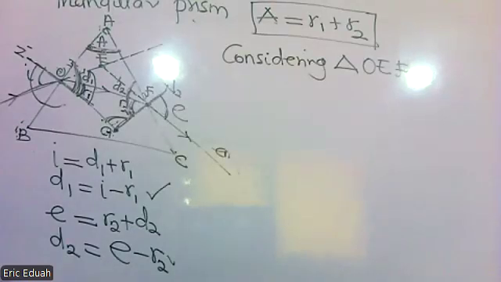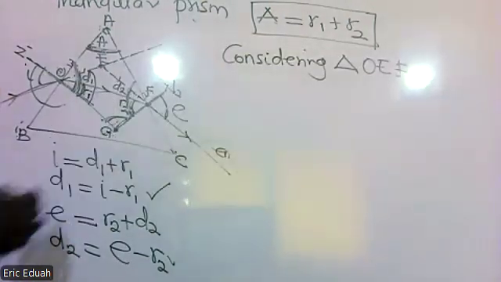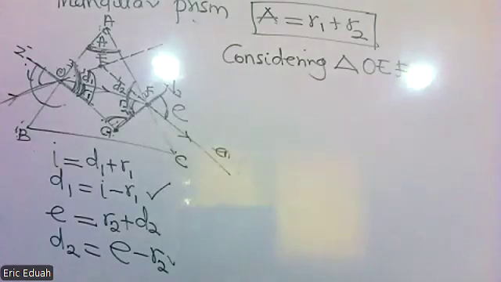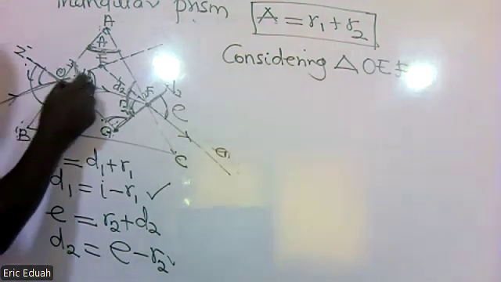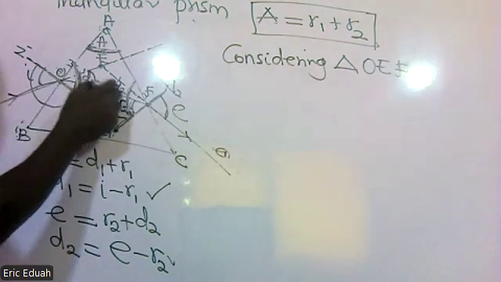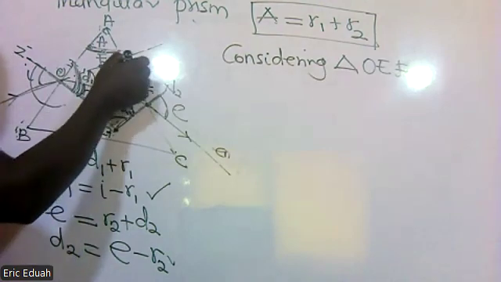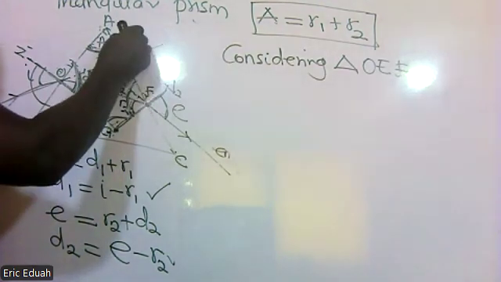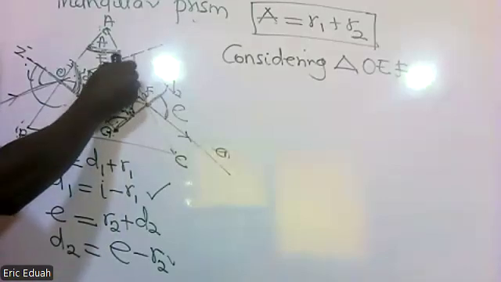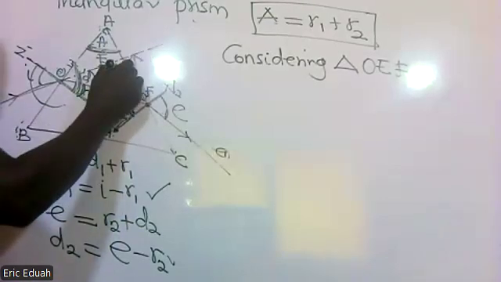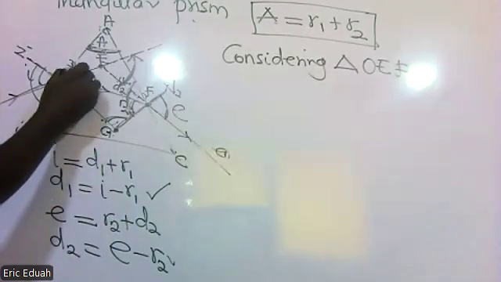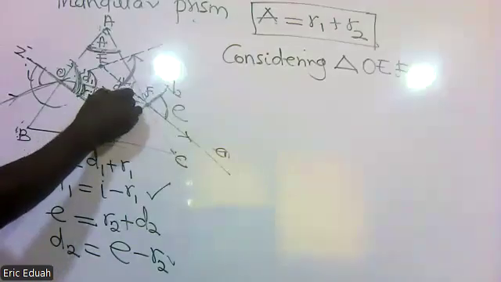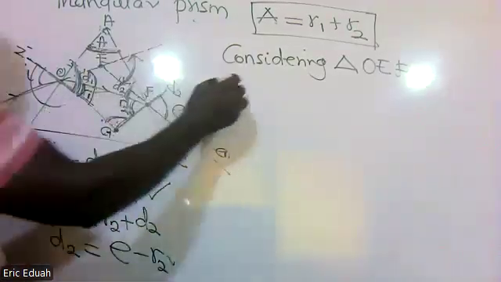So the triangle OEF is more or less like an isosceles triangle. And if you have an isosceles triangle, the sum of its interior angles must be equal to its external angle. And this is the external angle. So when we sum D1 and D2, it must be equal to this.